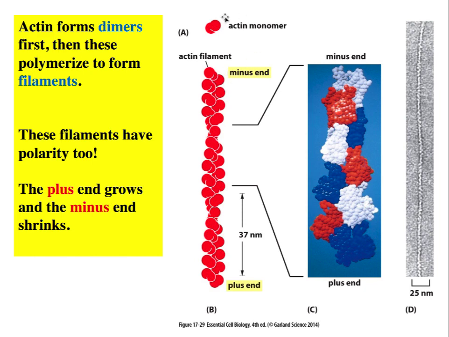So we can imagine if the rate of addition at the plus side balances the rate of depolymerization at the minus side, even though the length of the polymer stays the same, there is a treadmilling effect where the polymer is growing at one side and diminishing at the other, but still staying the same dimensions.